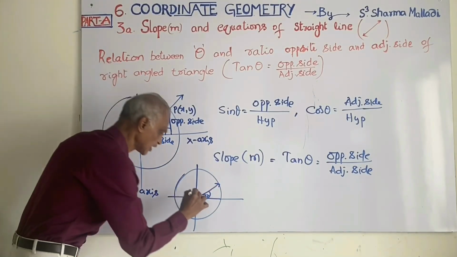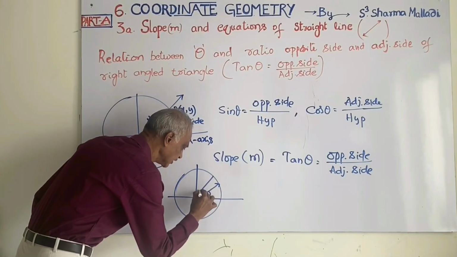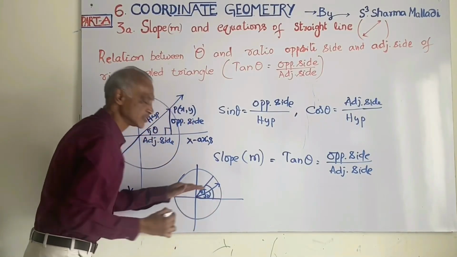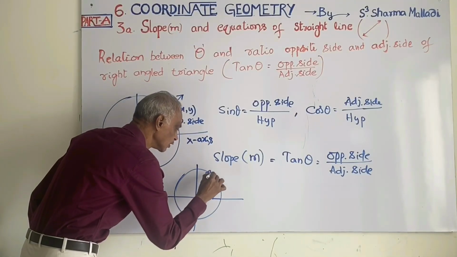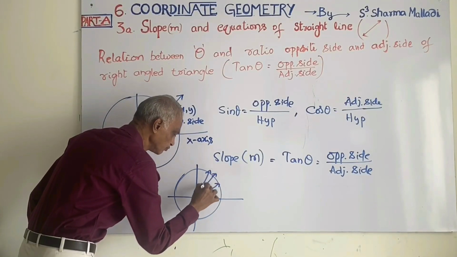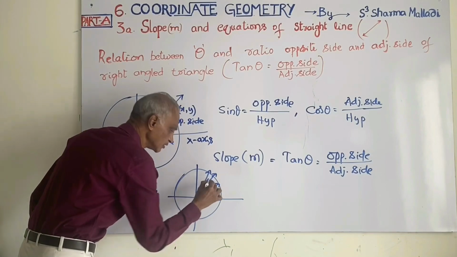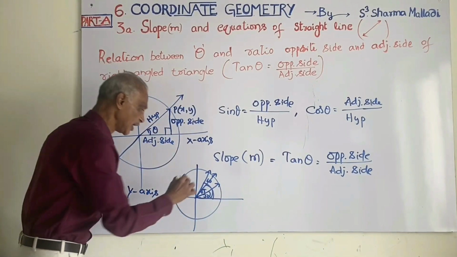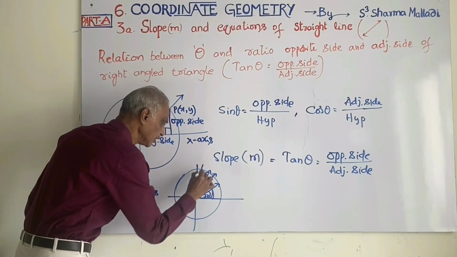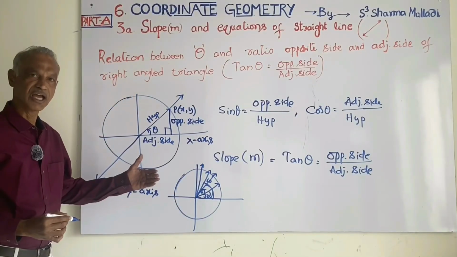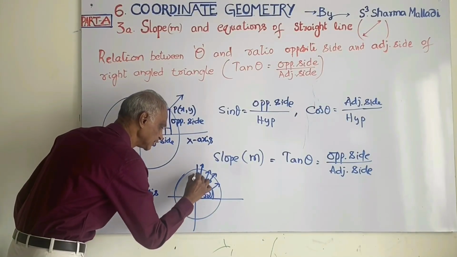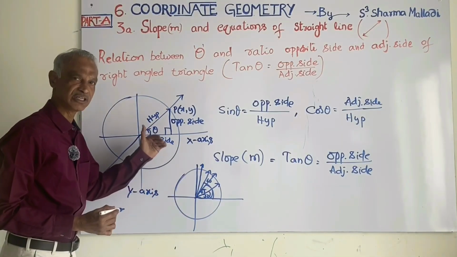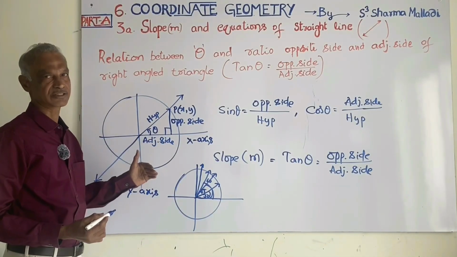This is a low slope. If you take 45 degrees, this is a medium slope. If you take 60 degrees, this is a high slope. If you take 80 degrees, a very high slope. If you take 90 degrees, the slope is very high; it is an undefined slope.